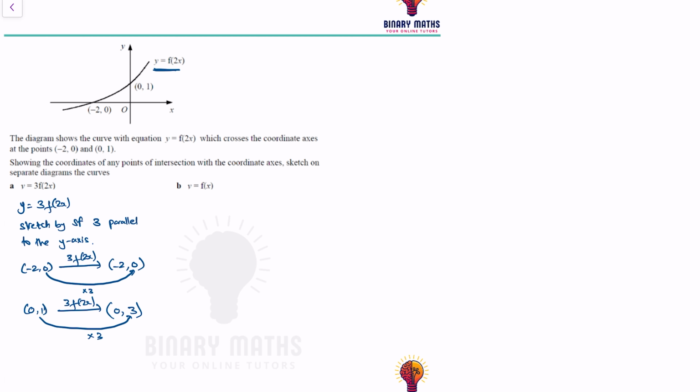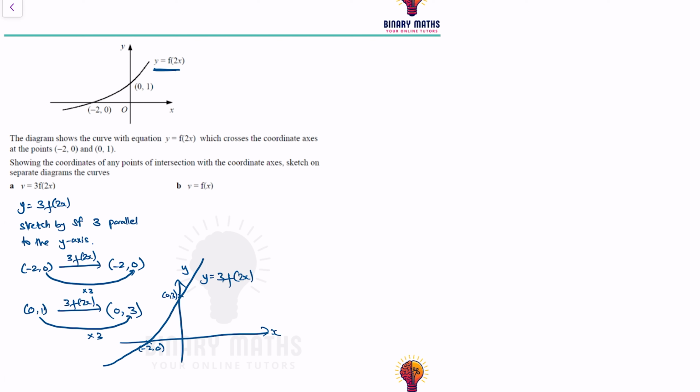Which means if I sketch it out, it'll still go through minus 2, 0, but now it will go through 0, 3 on the y-axis. So it'll look very similar, just a stretch. Okay, this is y equals 3 times f of 2x.